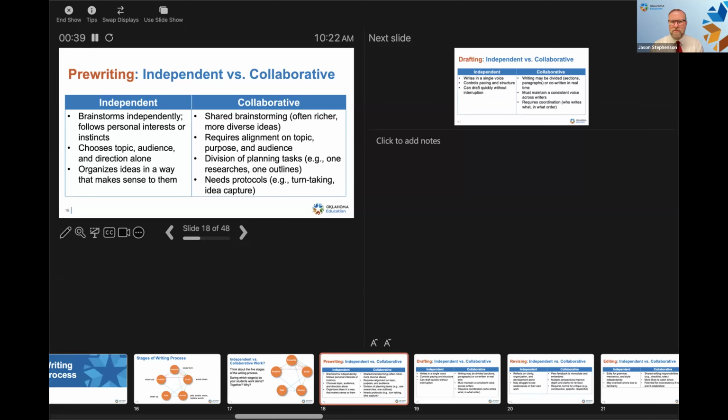When you're pre-writing on a team, be it with a partner or a small group, you're going to have some shared brainstorming time that may result in some richer, more diverse ideas, but it would require everyone to get on board for this is a topic we need to pursue. Here's going to be our purpose or our audience. And so there's going to be more negotiation in that case.